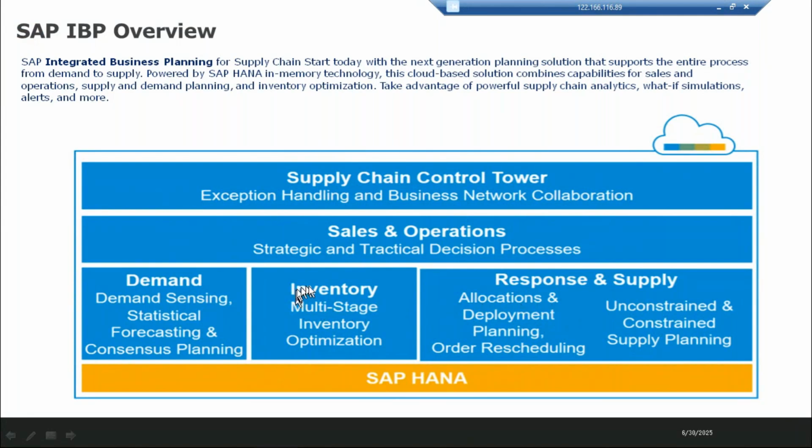There is another module called inventory optimization, which we use to calculate the safety stock. And there is another module called control tower, which is a reporting tool. These are all part of SAP IBP. A small company with limited functionalities can choose the S&OP license, and bigger organizations with all the functionalities can choose the additional licenses for demand and response and supply.